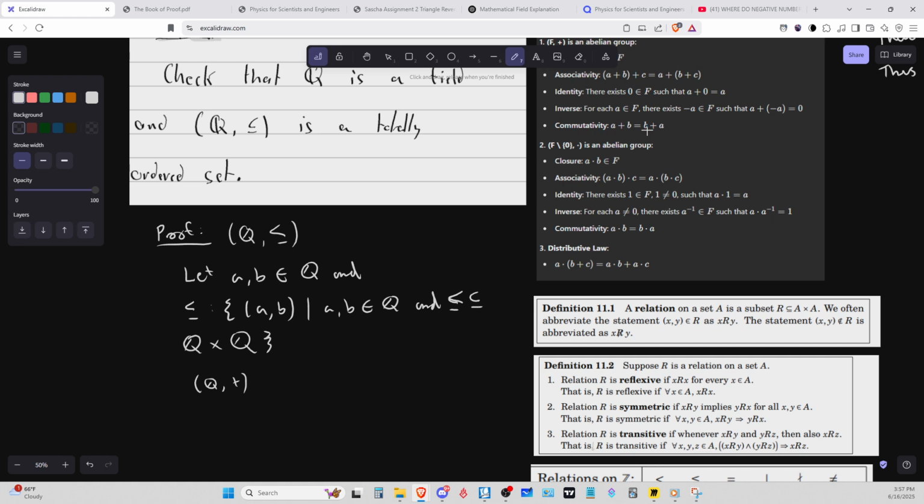The question is, do we have to use ordered pairs with this? The thing is that there's no order in a field proof, just laws.